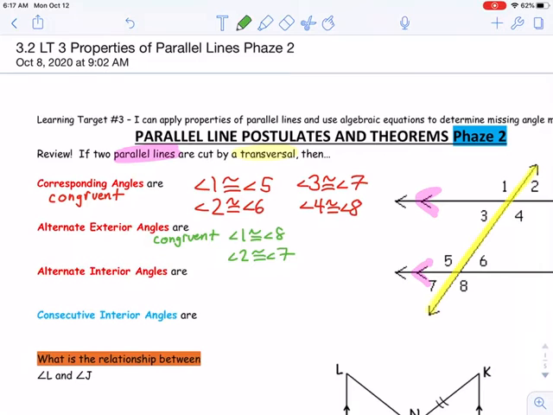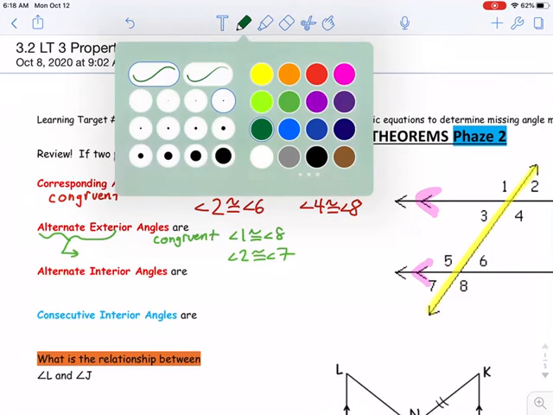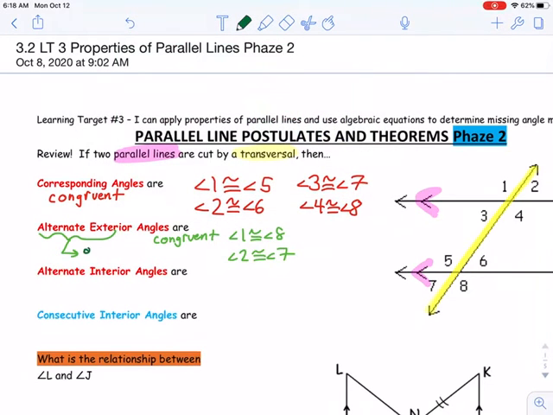Now, alternate exterior. Some people say this really just means opposite sides of the transversal. So like 1 and 8 are on opposite sides of the transversal.